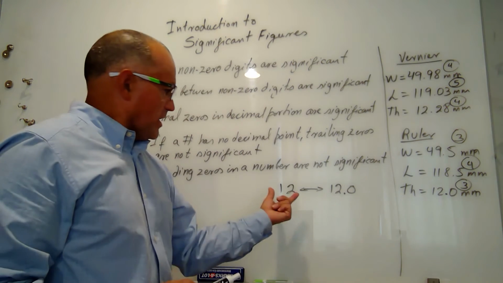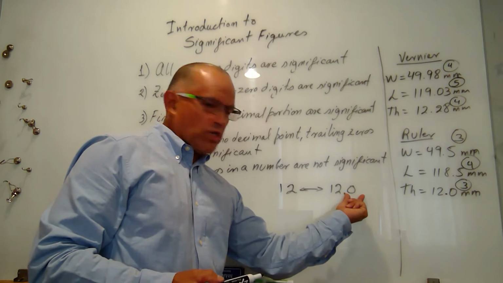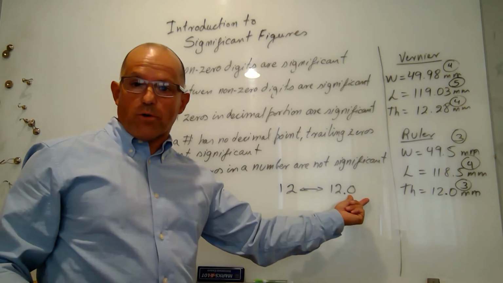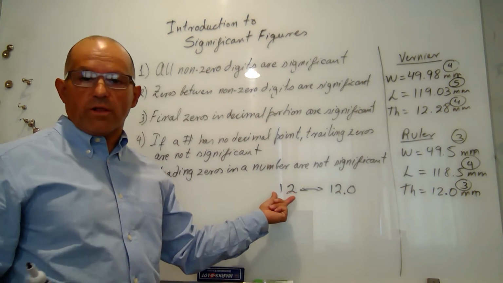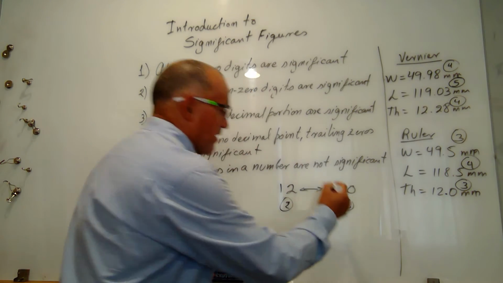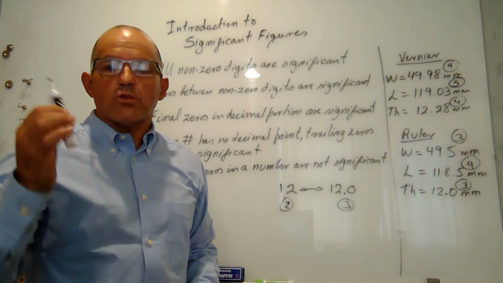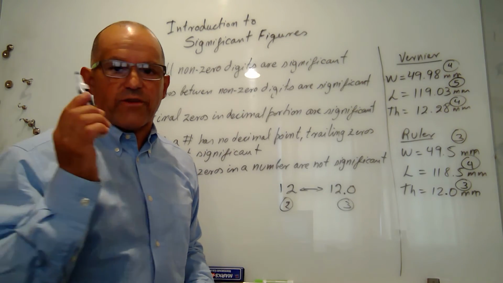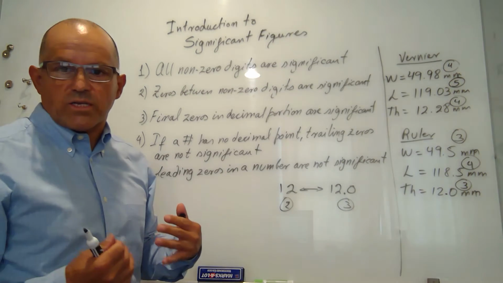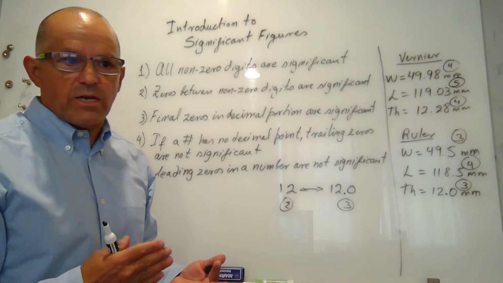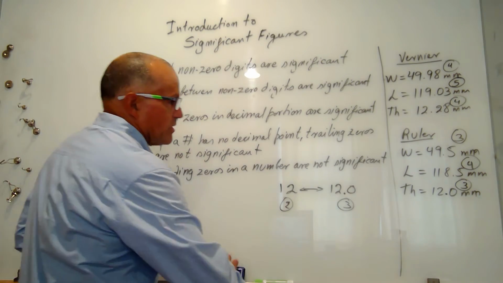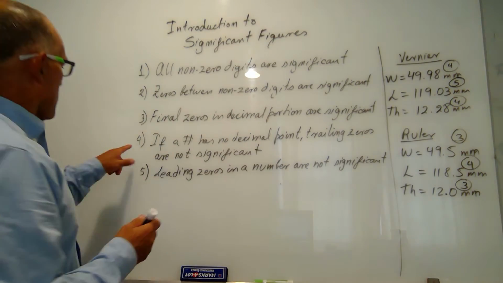If that precision is important, we use it. If it's not important, we just use 12. In this case, there are 2 significant figures, and there are 3 significant figures here. So we need to be able to identify the number of significant figures in the data that is provided to us in order to proceed with the science or engineering calculations.